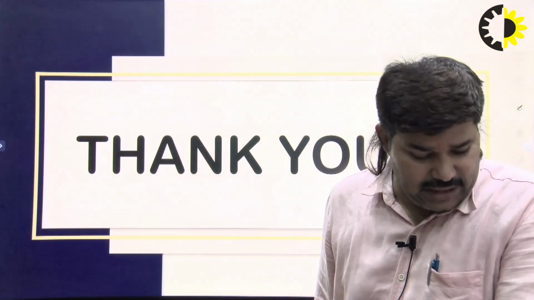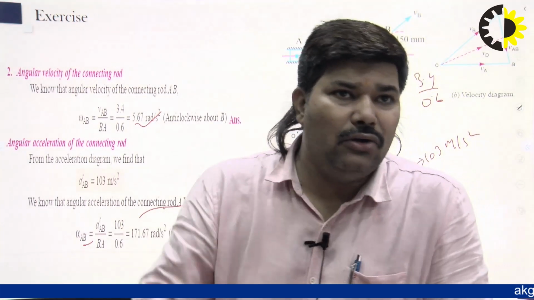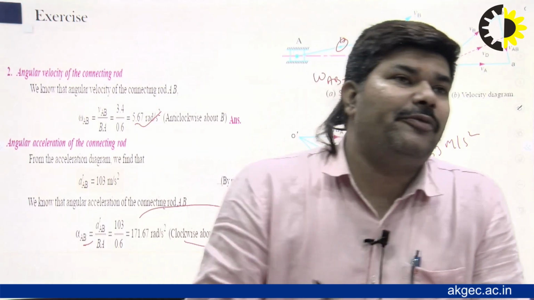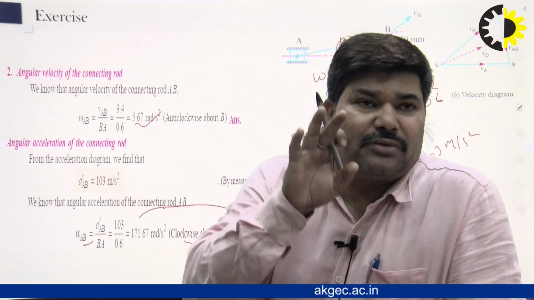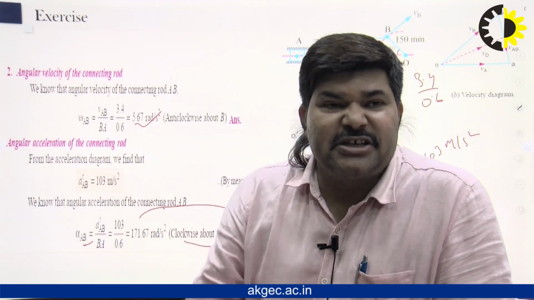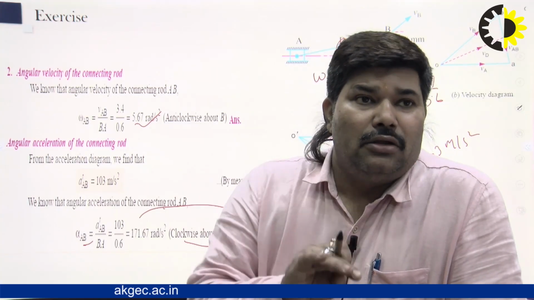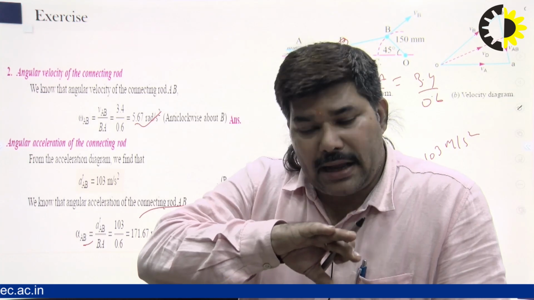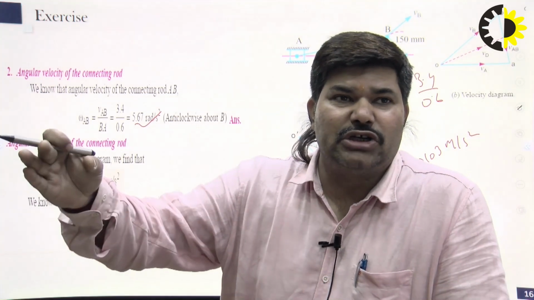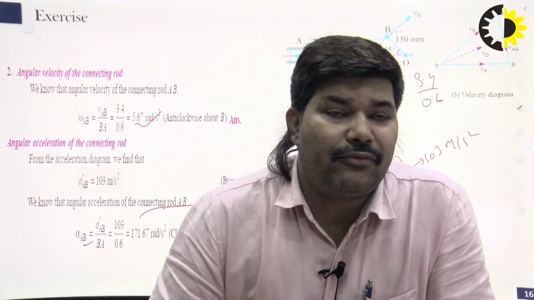Basically, the purpose is to show how to draw this. For drawing any component of the acceleration, first of all understand the problem, what is given. After that, draw the space diagram. Then from the space diagram, you can complete the velocity diagram, and after that come to the acceleration diagram. Why do we draw the velocity diagram?